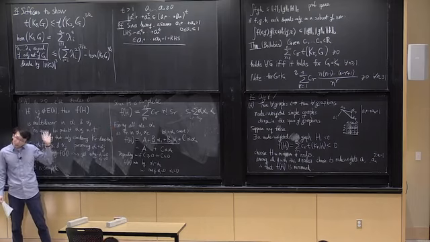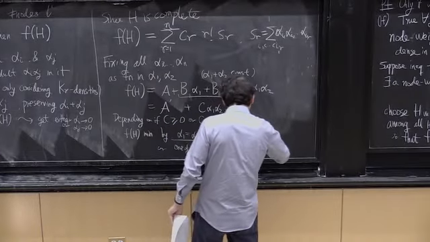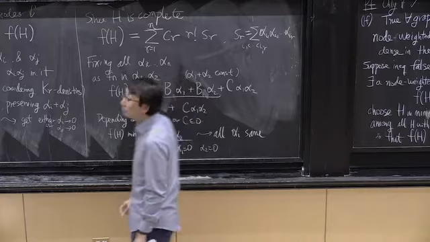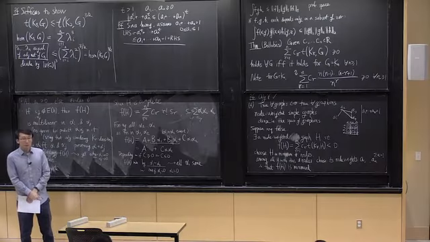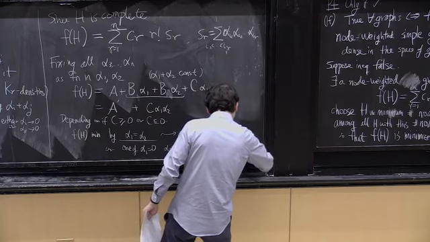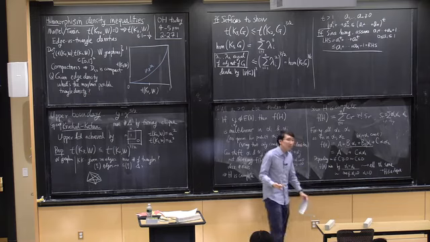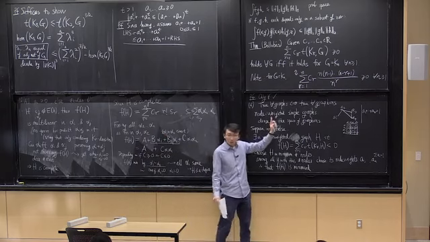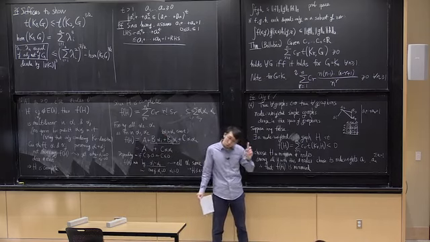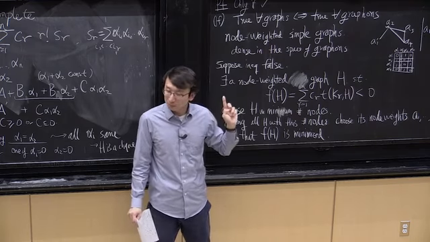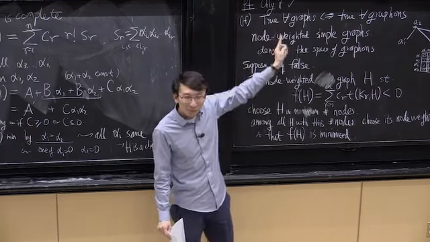The latter cannot occur because we assume minimality, so the first must occur, and hence, by symmetry, if you apply the same argument to all the other alphas, all the alphas are equal to each other, which means that H is a simple clique. It's basically an unweighted clique. Right, so in other words, if this inequality fails for some node-weighted H, then it must fail for a simple clique H. And that's the claim above.